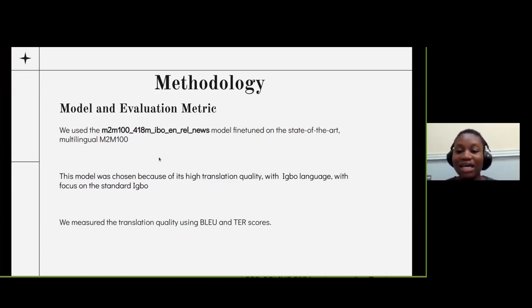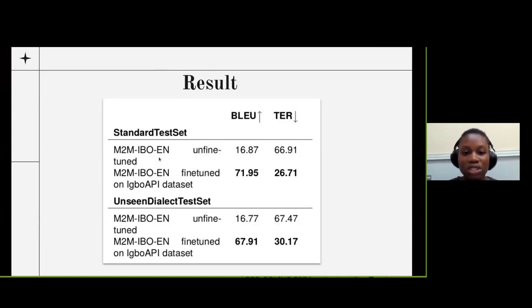But the issue is that those data sets were in standard Igbo. And because of that, it was not able to reflect the dialectal variations. And then we fine-tuned our data set on that model. And we used the BLEU and the TER scores to measure our translation quality.